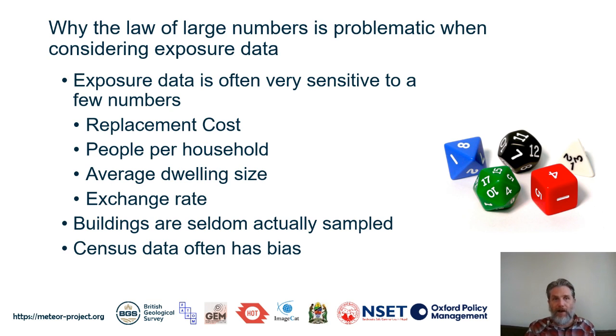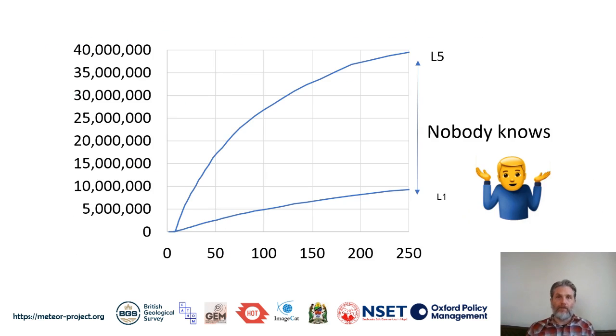You might have a theoretical way that you think the buildings are going to be, rather than sending people out in the field to look at them and using a stratified sampling approach. And the census data itself often has bias. So there are all these sorts of problems that you can have.